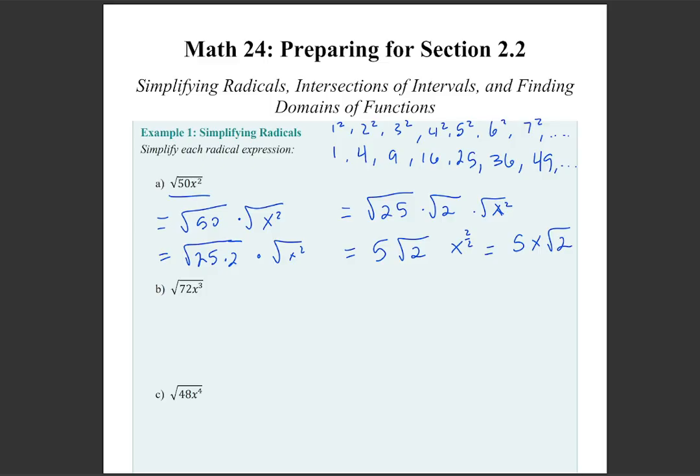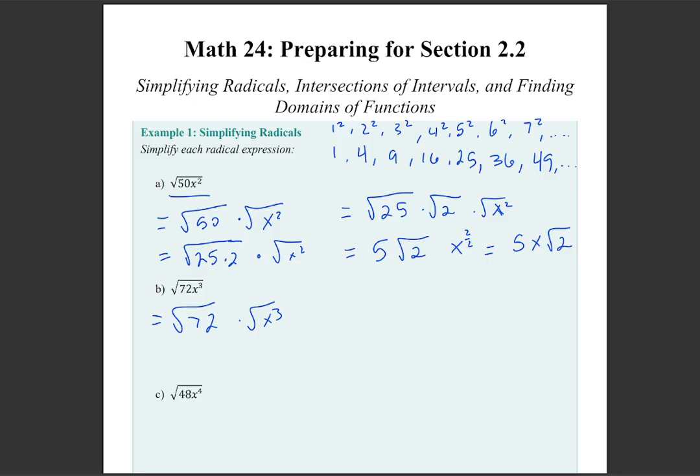So let's see another example. Now I have the square root of 72x cubed. Let's break that into square root 72 times the square root of x cubed. Let's see, 9 goes into 72. 36 goes into 72.